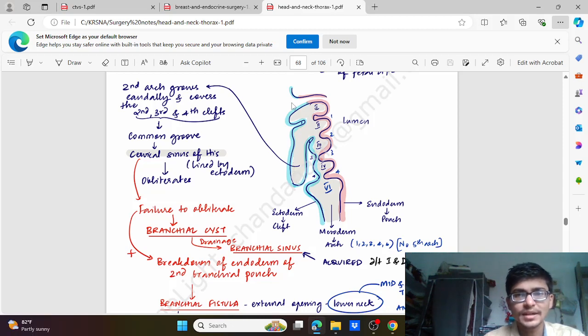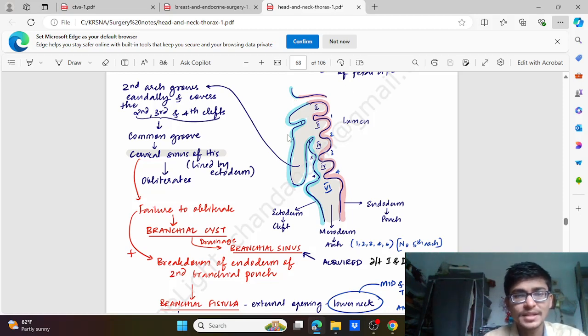On the outer, external side there is the cleft, and on the internal side there is the pouch. The cleft is made of ectoderm, the pouch is made of endoderm, and the arch is made of mesoderm, that is the connective tissue part.